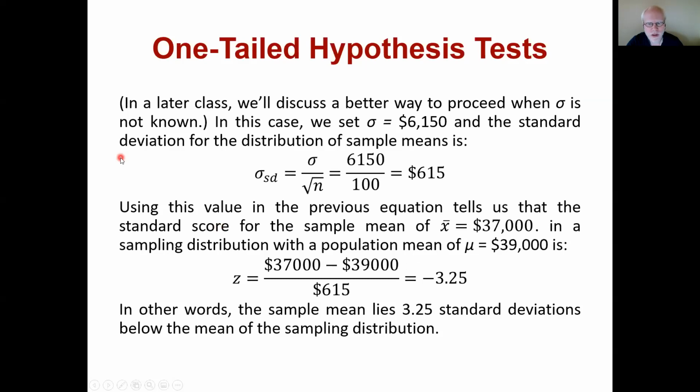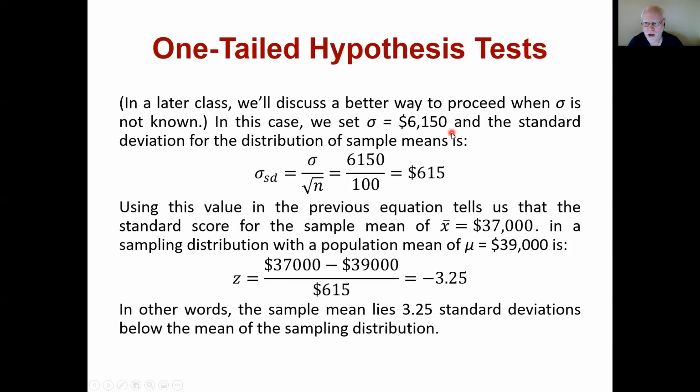In a later class, we'll discuss a better way to proceed when the population standard deviation is not known, because in reality it won't be. But in this case, I'm just going to tell you that, consistent with what we did last time, the population standard deviation is 6,150.